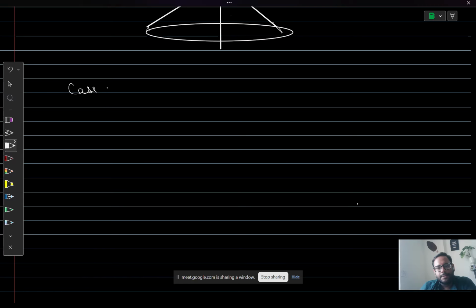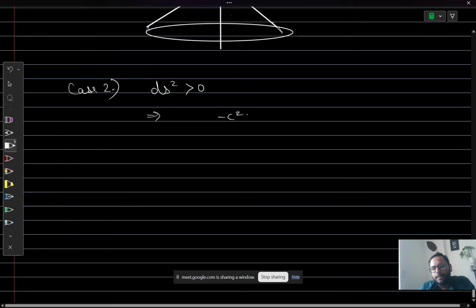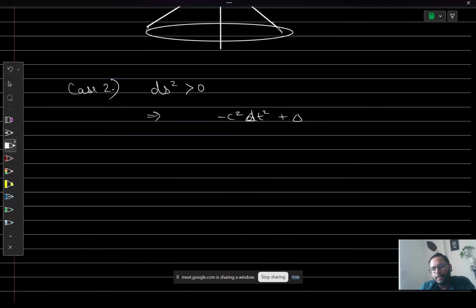Like case 2, consider this is greater than this, so let's take the simplest thing: c squared dt squared plus dx squared should be greater than 0.